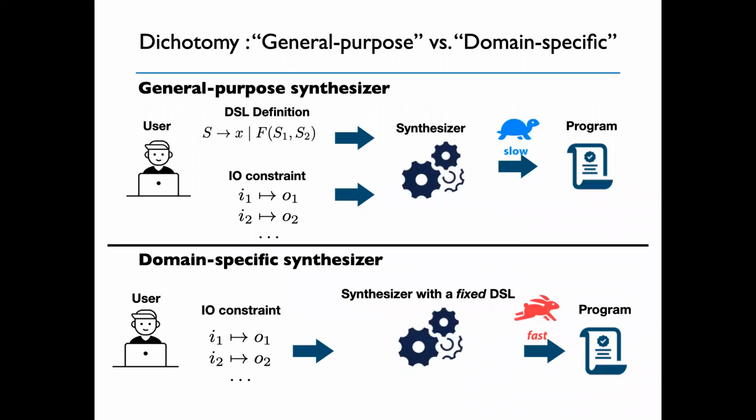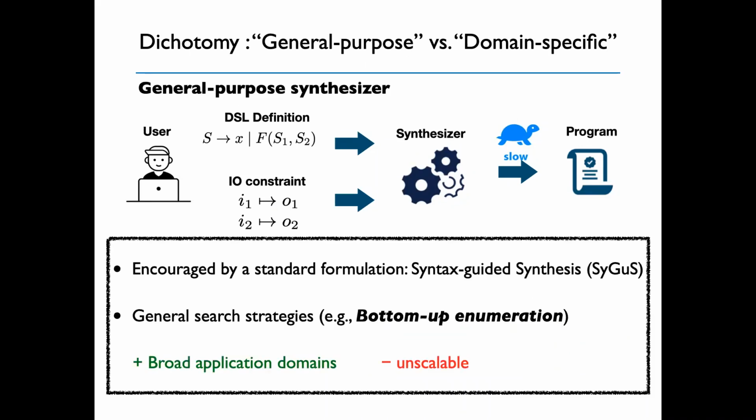There's a dichotomy in inductive program synthesis. General-purpose synthesis, which works for arbitrary user-provided DSLs, and domain-specific synthesis that is only applicable for specific kinds of DSLs. General-purpose synthesizers were increased by a standard formulation, syntax-guided synthesis, shortly SyGuS, that has established various benchmarks through annual competitions.